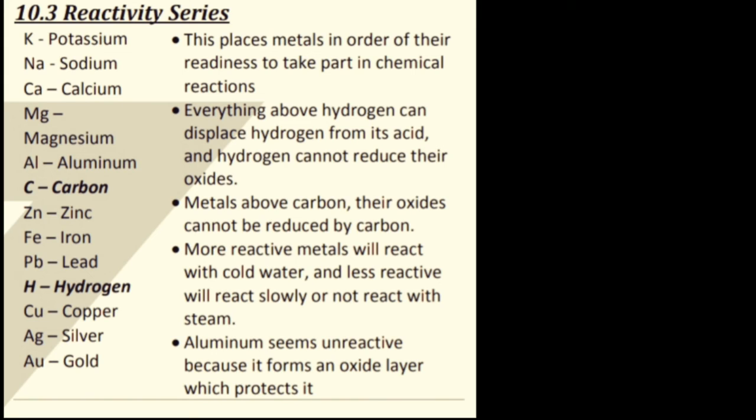This oxide layer is strong and hard, and it protects aluminium from further chemical reaction. That's why aluminium is on the top of the reactivity series, but usually it is highly inactive.